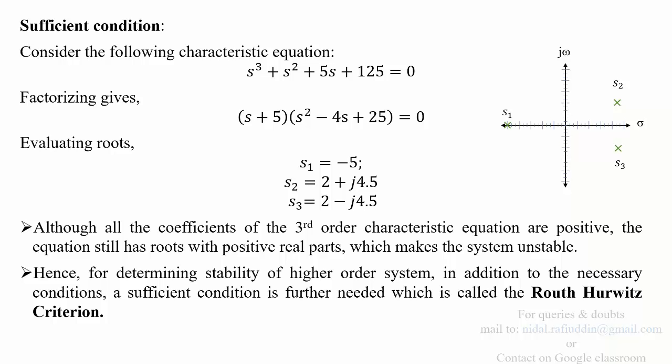When the first two necessary conditions are not satisfied, or any one of them is not satisfied, you will straightforwardly conclude that the system is unstable. In case both the conditions are satisfied, then you'll move forward towards applying the Routh Hurwitz criteria to the equation.